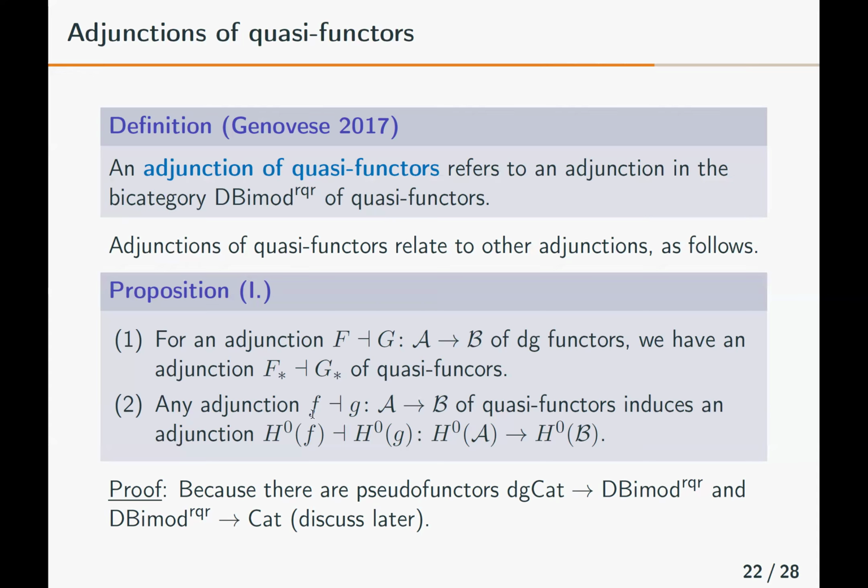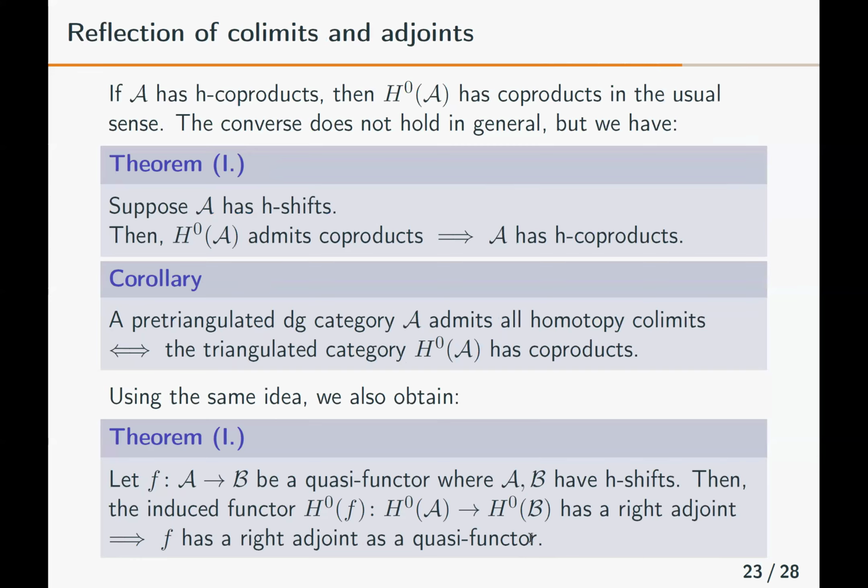And every adjunction of Quasi functors F and G induces an adjunction between the corresponding homotopy categories, like this. This is because there are pseudofunctors between the ambient 2-categories.